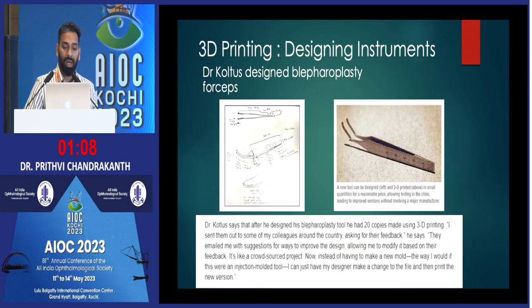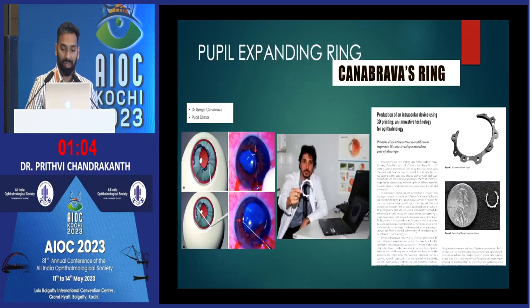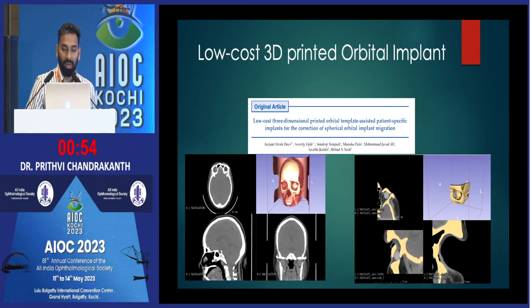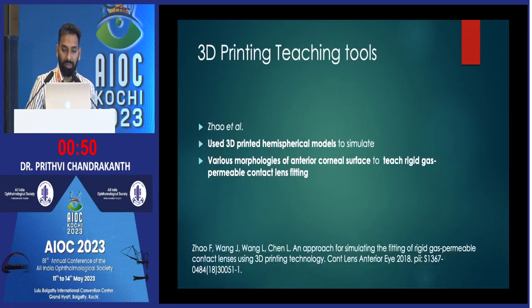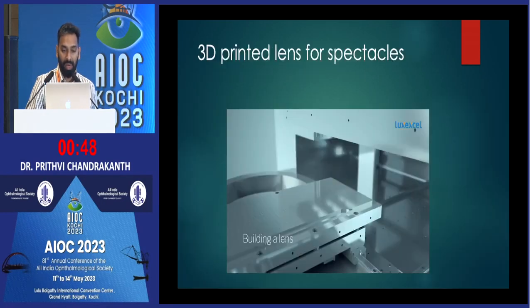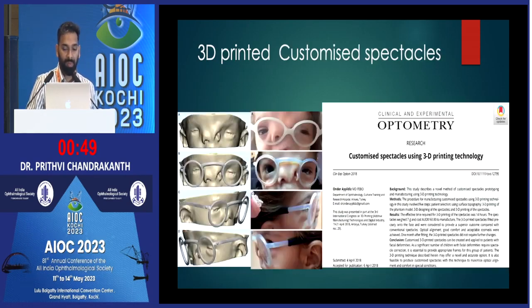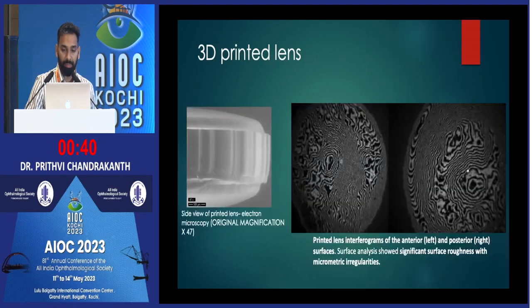And also instruments are being developed with the same 3D printing, and pupil expanders; Canabrava also used 3D printing technology to print his pupil dilator, and a lot of other things are present in 3D printing for us. There are also spectacles and lenses being developed by 3D printing. But for want of time, I'm just skipping through it.